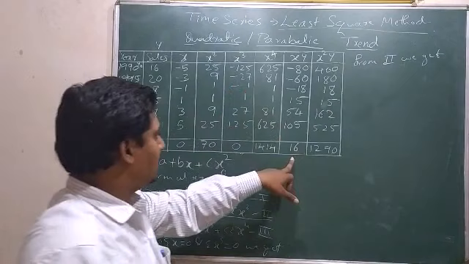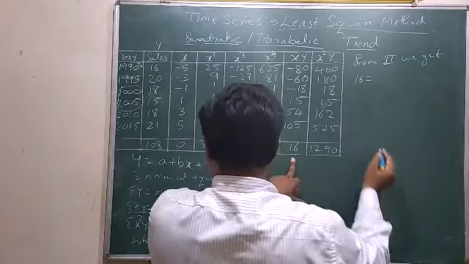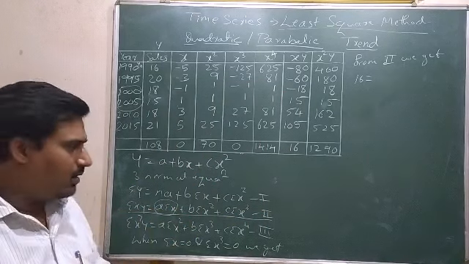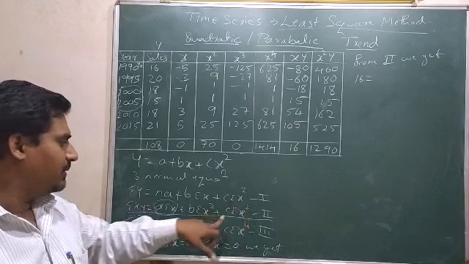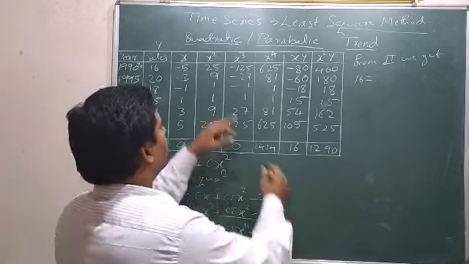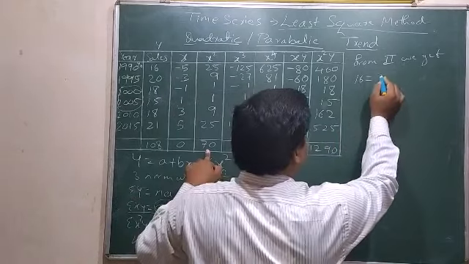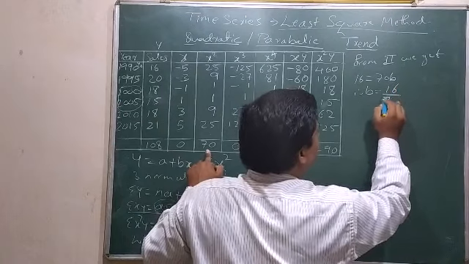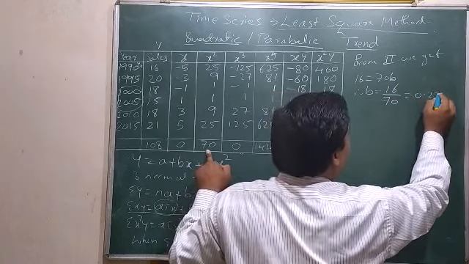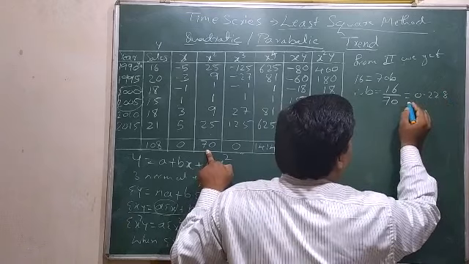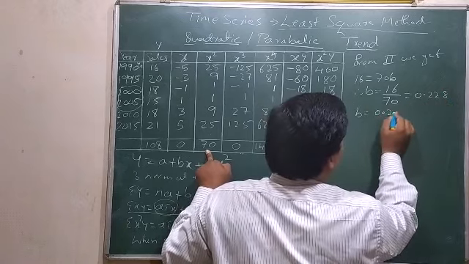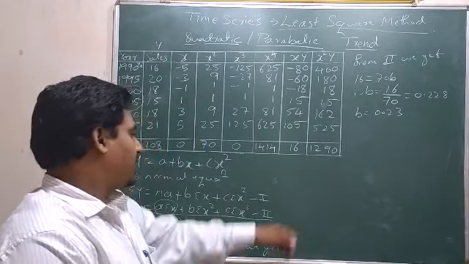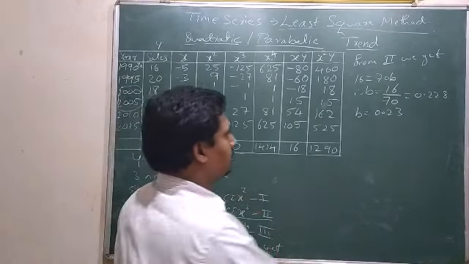Summation xy is 16. 16 is equal to summation x is 0, so this will become 0, and summation x cube is 0, and this also will become 0. b summation x square. So summation x square is 70. So 70b. Therefore, b is equal to 16 divided by 70 is equal to 0.228. So approximately b is equal to 0.23.